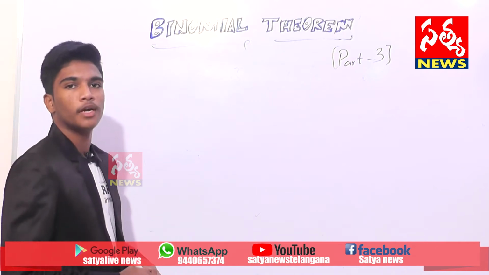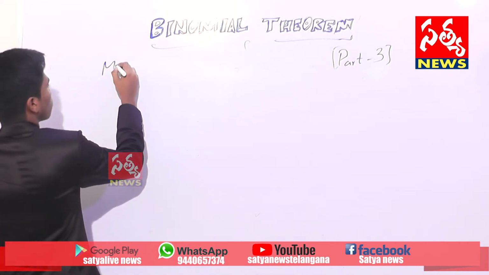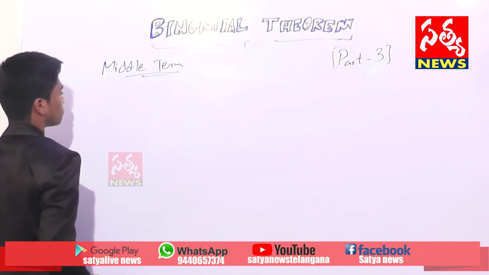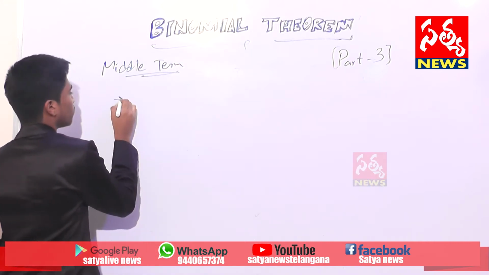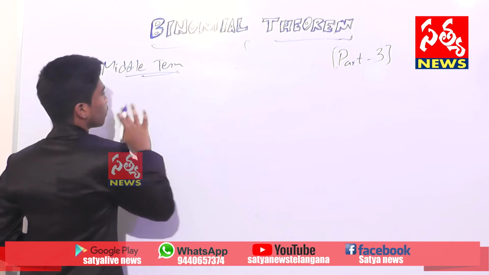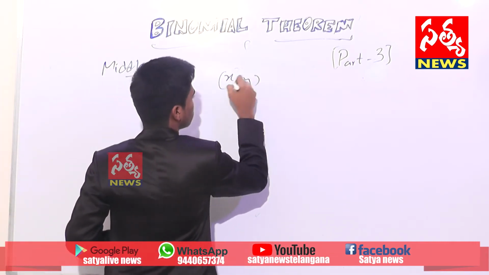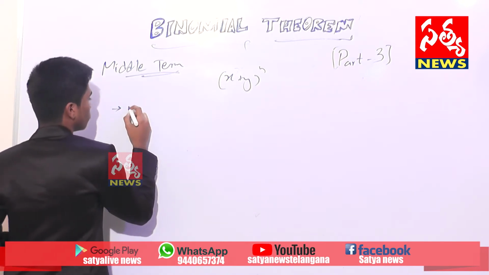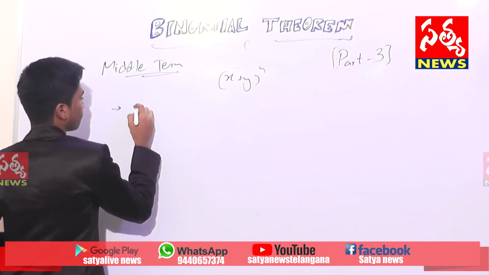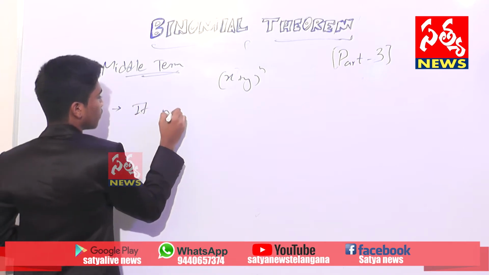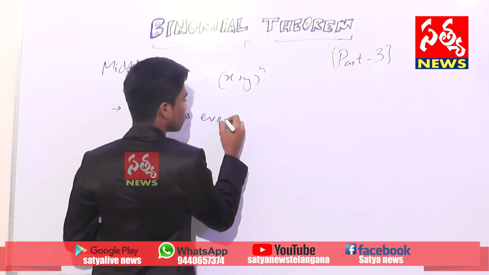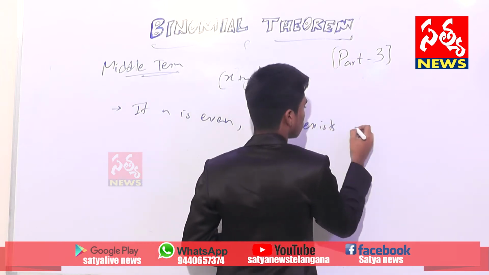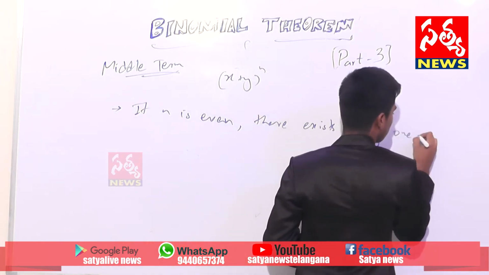Now let's talk about the middle terms. There are two conditions. If (x plus y) whole power n is a binomial expansion, then if n is even, there exists only one middle term.